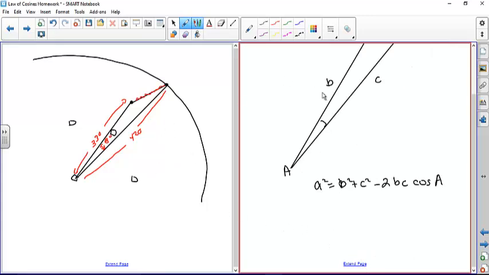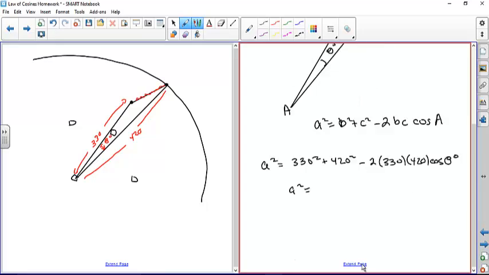So in our case, B is equal to 330. C is equal to 420, and this angle here is 8 degrees. So we get A squared is equal to B squared plus C squared minus 2BC times the cosine of 8 degrees.